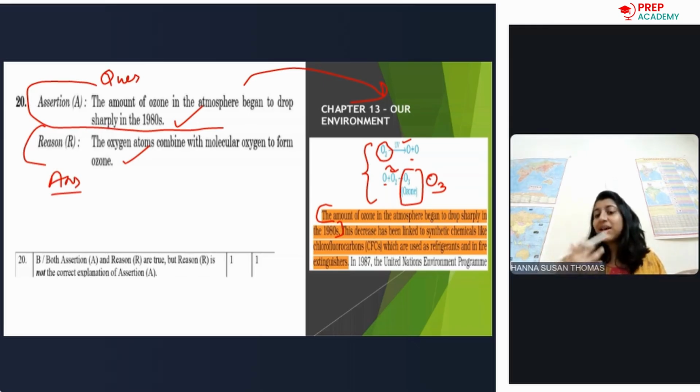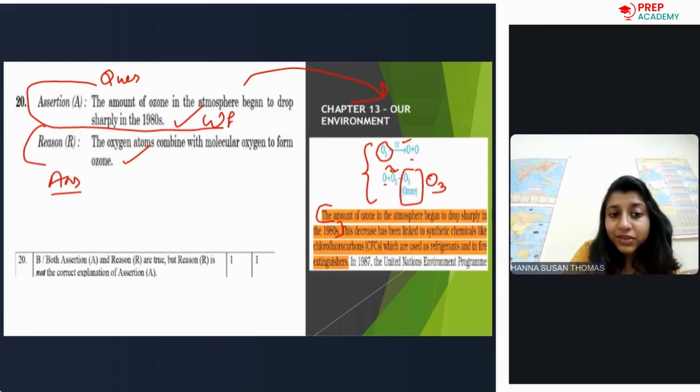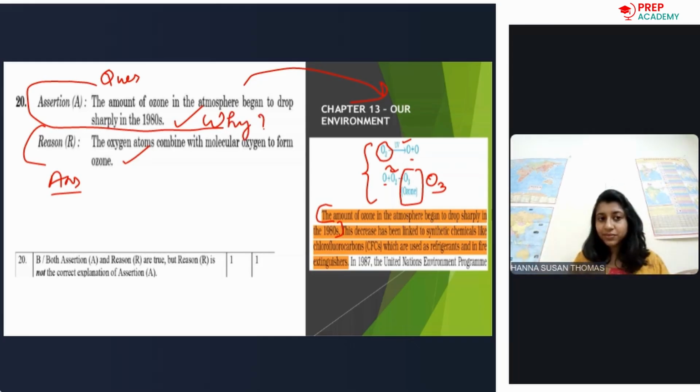So let's ask ourselves the question: the amount of ozone in the atmosphere began to drop sharply in the 1980s. Why? It's the question we have formulated from the assertion, and if assertion is assumed as a question, you have to assume the reason as its answer.